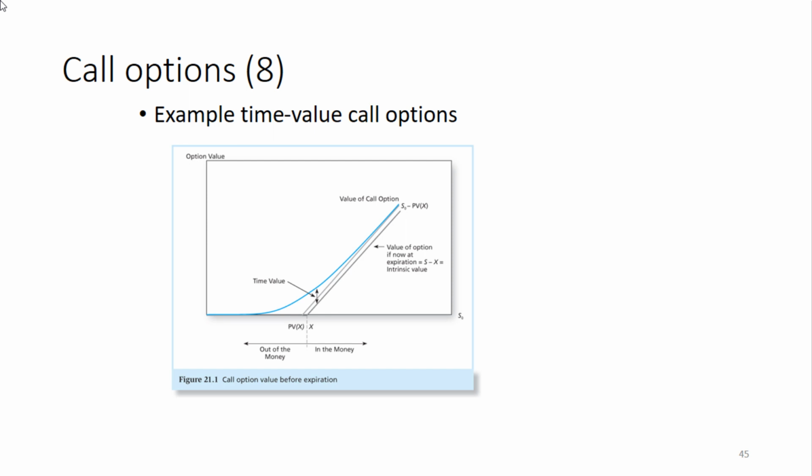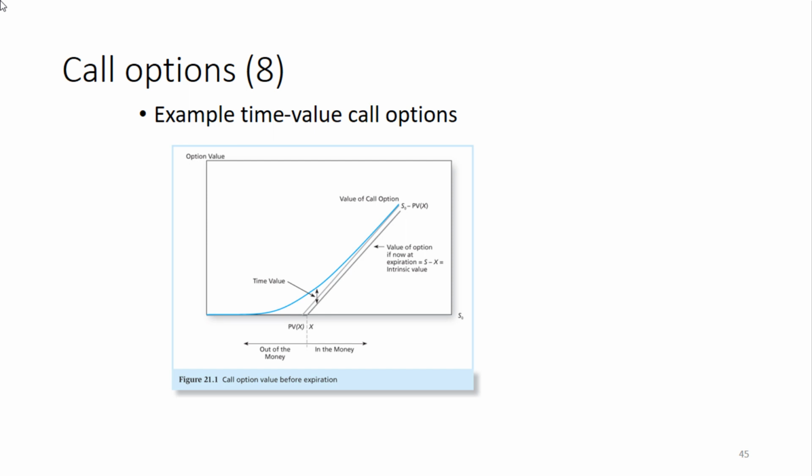And the time value is the possibility for the underlying to further increase in value, and then for the option to get into the money. Because there is this possibility, there is also a positive value attached to that.